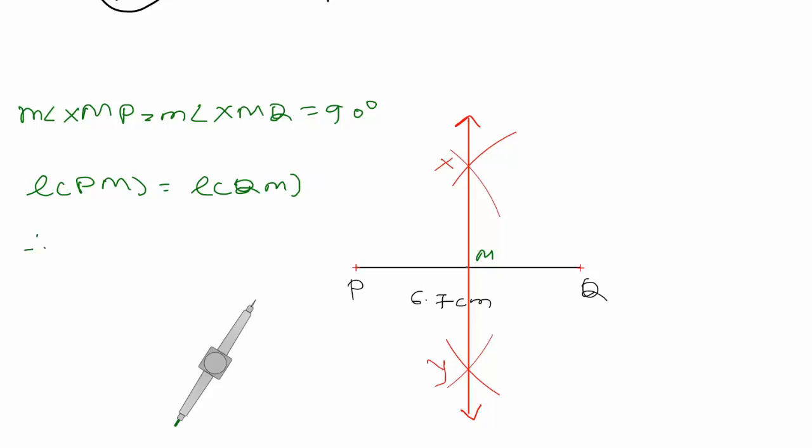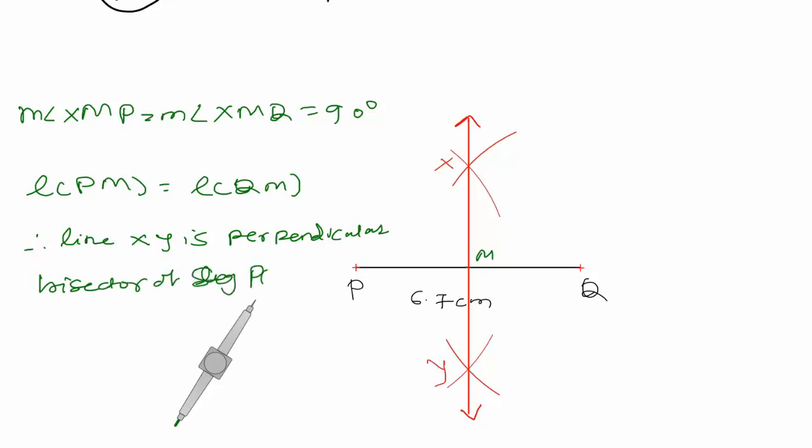Therefore, line XY is the perpendicular bisector of segment PQ.